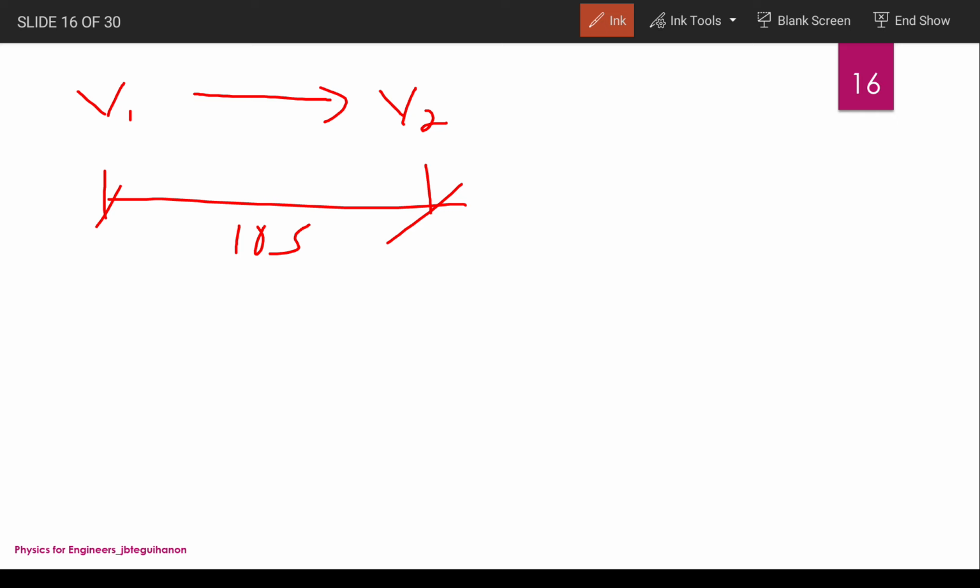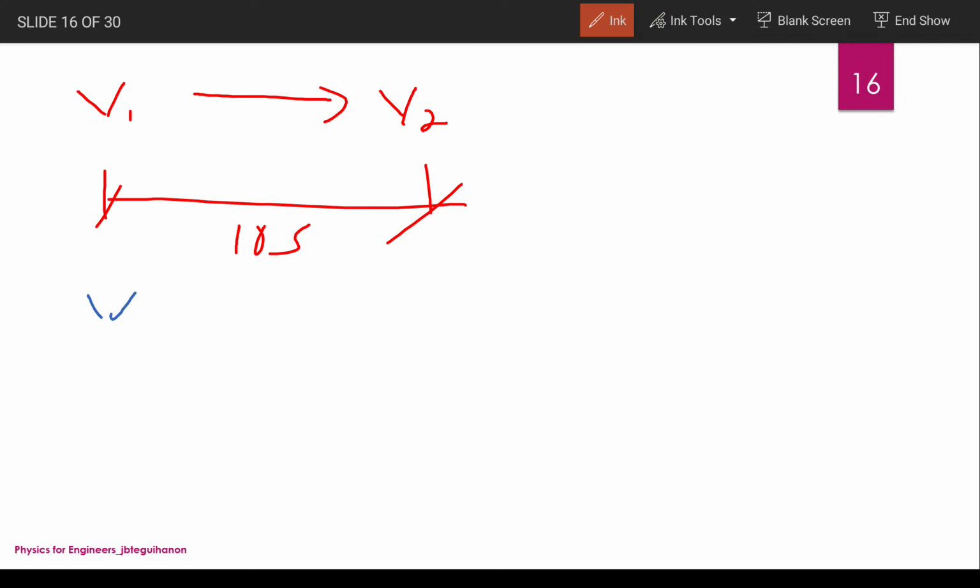So in other words, the work the engine must do to accelerate the car from this V1 to V2 is equal to the change of the car's kinetic energy. Okay, yun yung work.